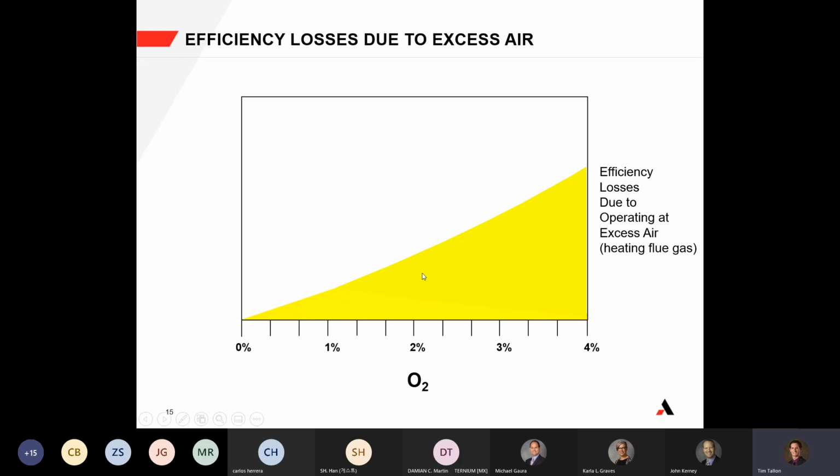It keeps you safe, but it also has a heating efficiency loss because you have to heat that extra flue gas on the outlet to maintain temperature. So by itself, operating with excess air has an efficiency loss.